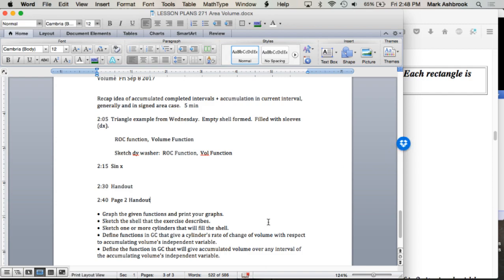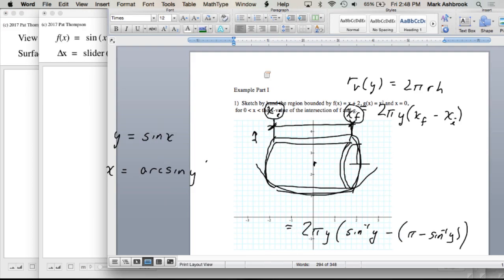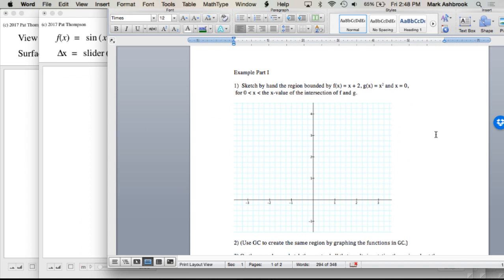So maybe for time's sake, I'll draw the sketch. So we got y equals x squared, that's g of x.